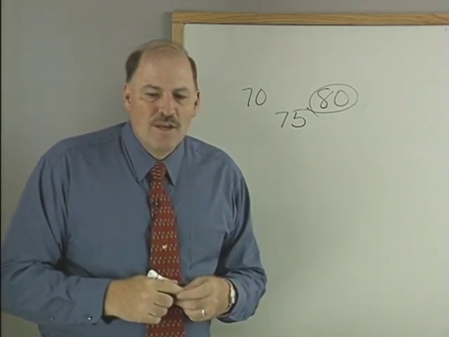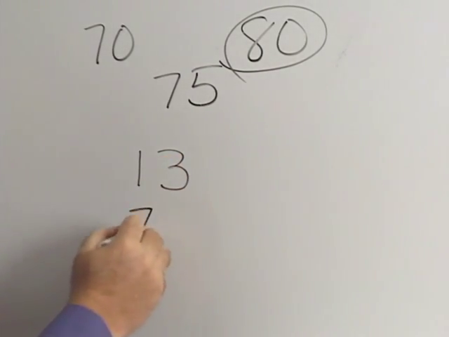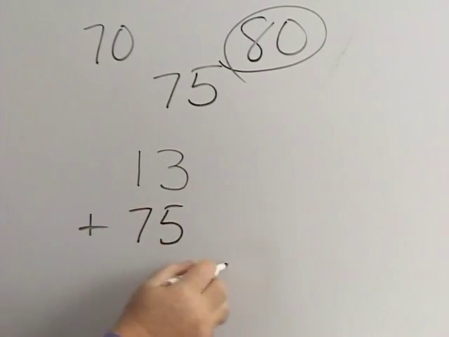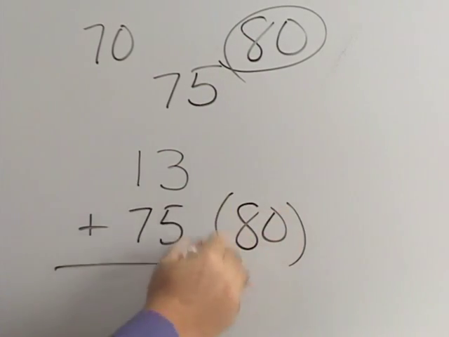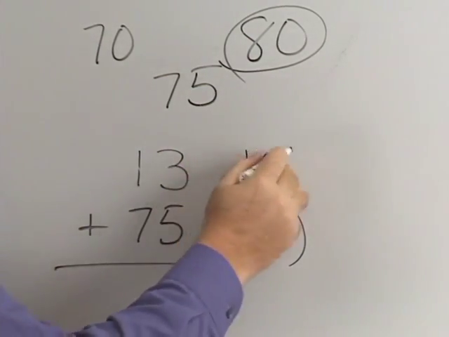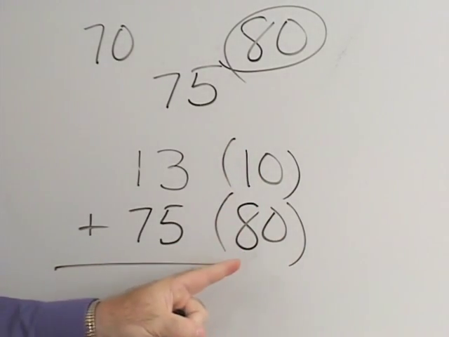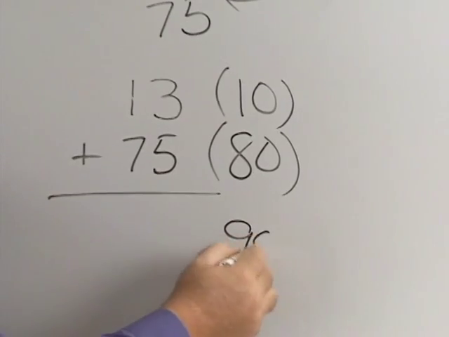Now, here's where we use it. If we're adding two numbers, like 13 and 75, 75 rounds up to 80, right? And 13 rounds down to 10. And so we add these two up. 8 tens plus 1 ten is 9 tens.